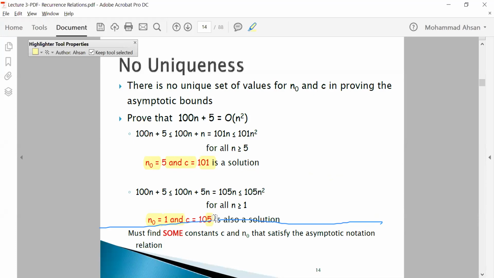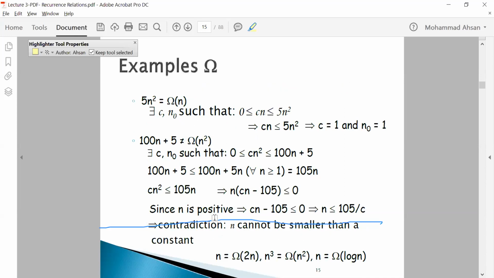So we have to find some constants with which we can prove that our equation is right. It is better to find the lowest one so that you can safely say beyond this it is true. But it doesn't matter. You just have to prove that if you're writing something is O of something, you can prove it on paper using two constants n0 and c, which can vary depending on who solves the problem. So both will be correct.